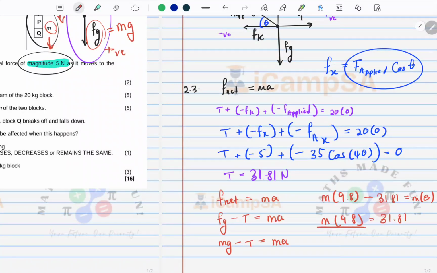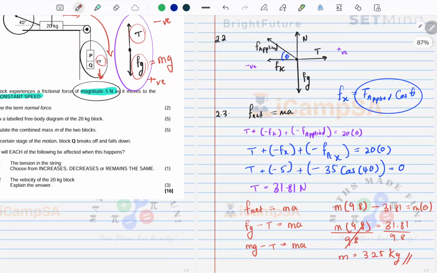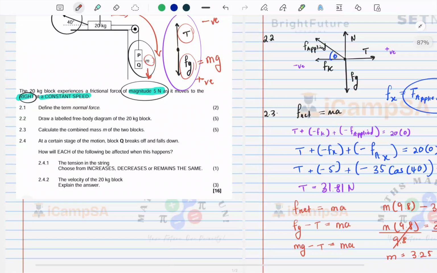You can just divide both sides by 9.8. This will then go away. So our M, what do we get? We get 3.25 kg. This is what you have. This is just free 5 marks for you.